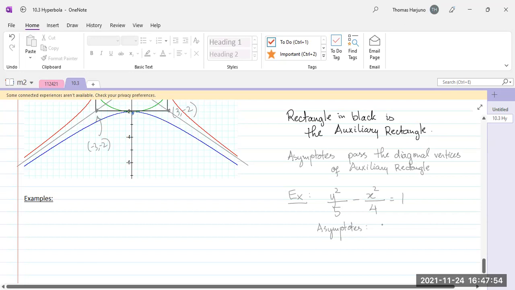The asymptotes will be y over square root of 5 equals plus or minus x over 2. Or y equals plus or minus square root of 5 over 2 x. Those are the asymptotes.